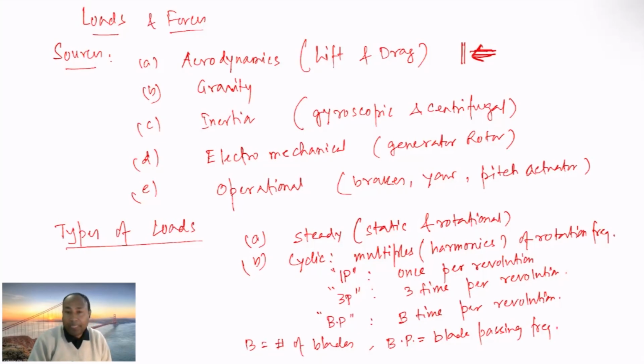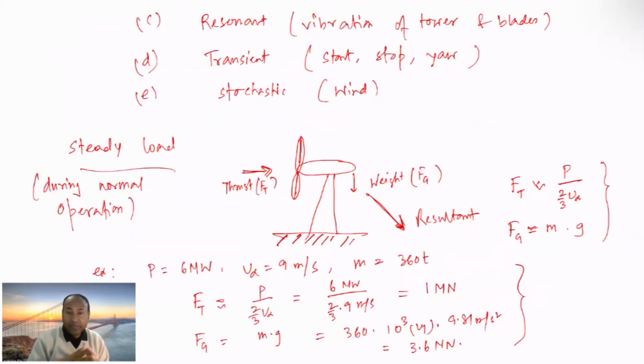There could be gravity force, inertia force, and electromechanical and operational forces which could arise due to the brake, yaw, and pitch mechanisms. Then we talked about types of loads, whether steady, cyclic, resonant, or plastic.